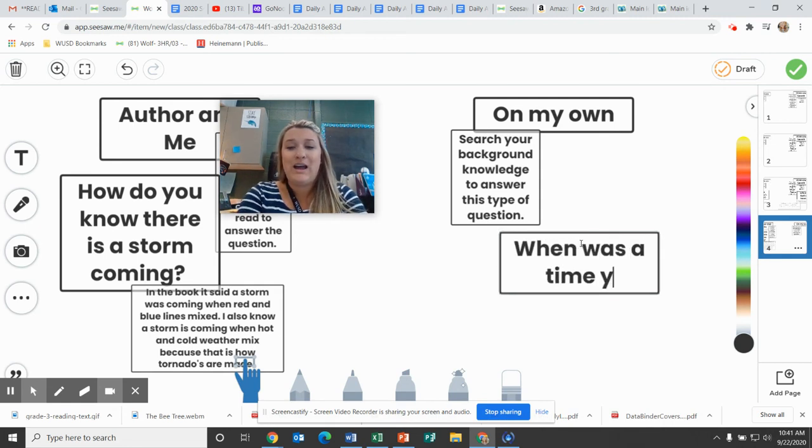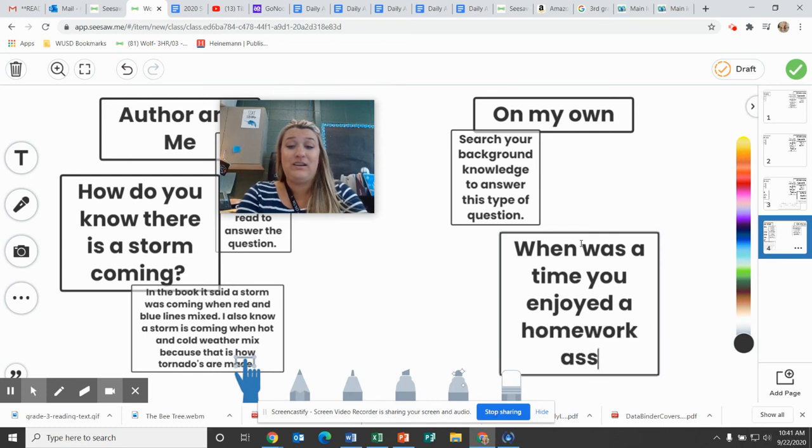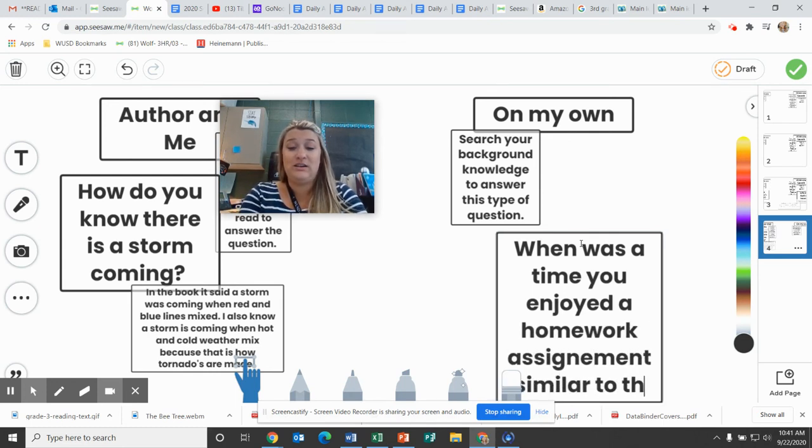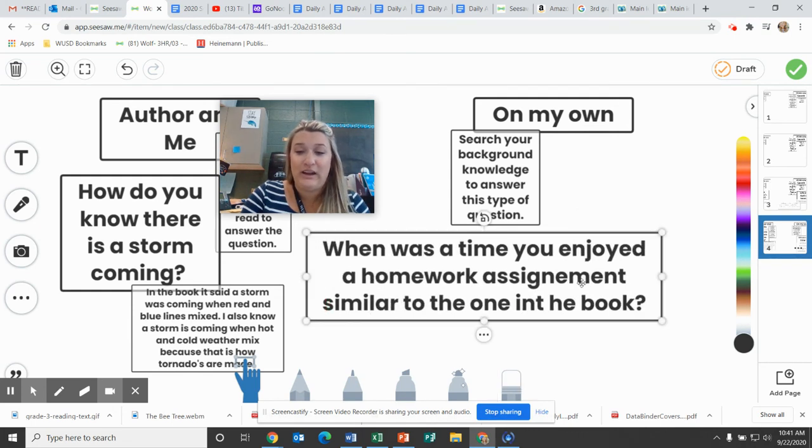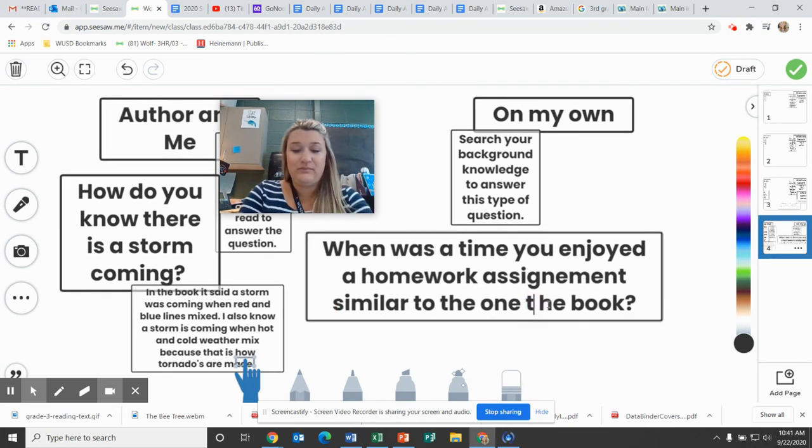When was a time you enjoyed a homework assignment similar to this, the one in the book? This one, you have to use your background information only to answer this.